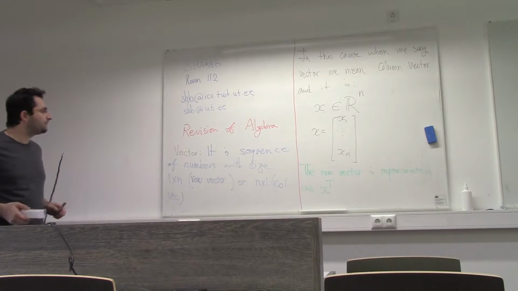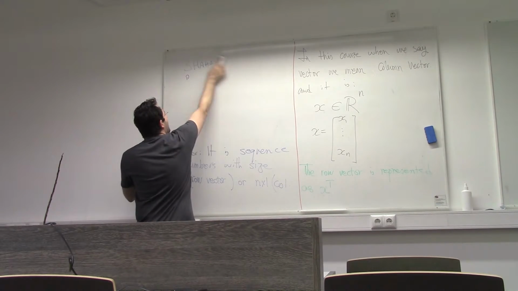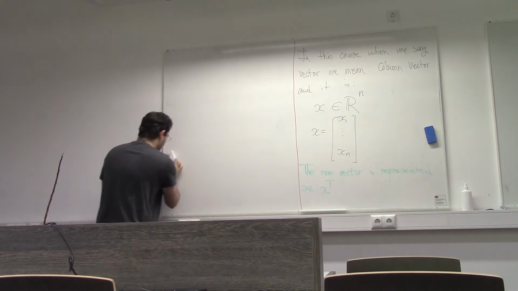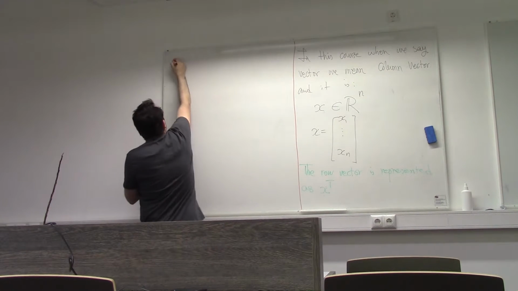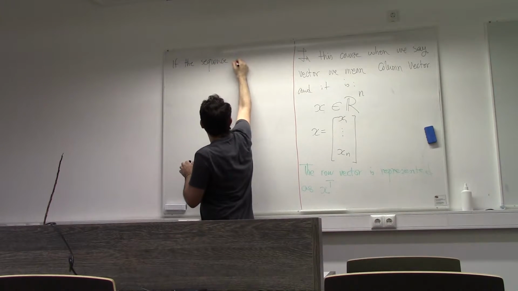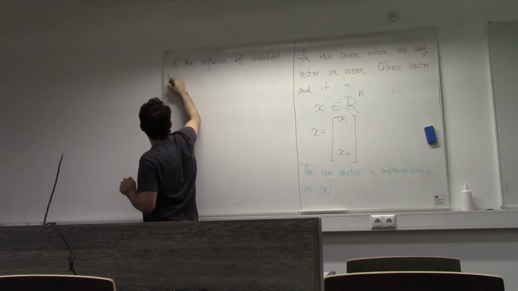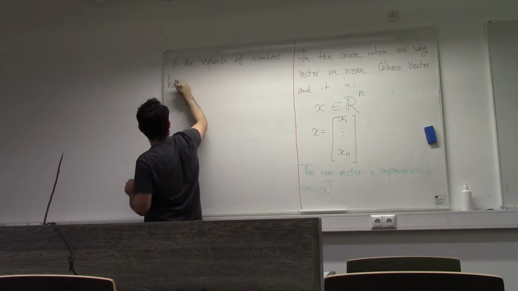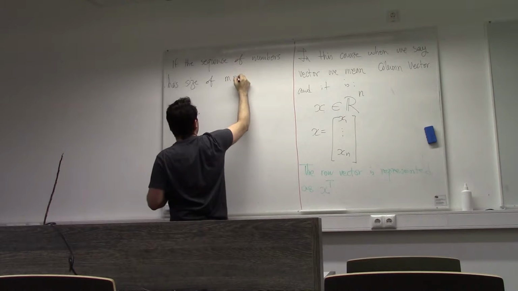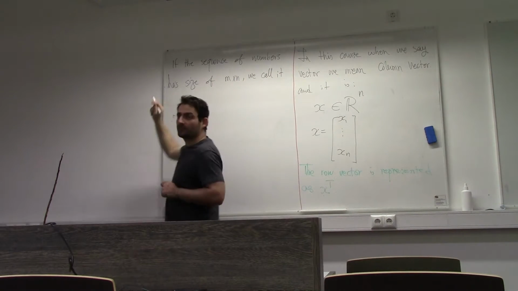Now, if the sequence of numbers has size of m by n, what do we call it?